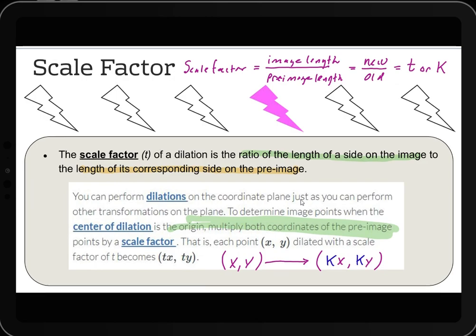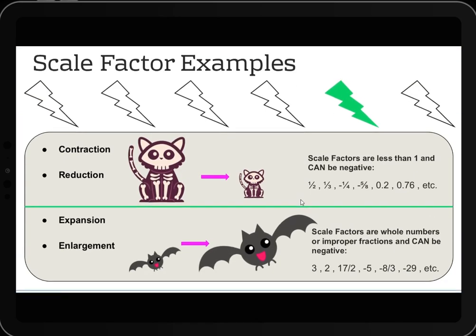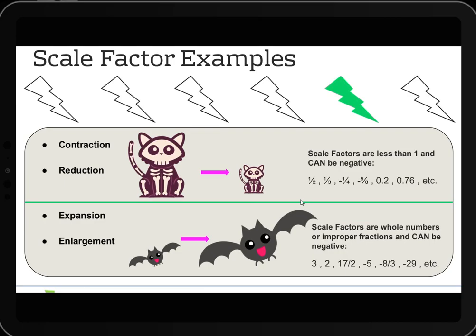So a couple rules about scale factor. If you have a scale factor that is less than 1 and also can be negative, it is a contraction or a reduction. Remember that this means that it is going to shrink, versus it's going to get larger if it's an enlargement or an expansion.